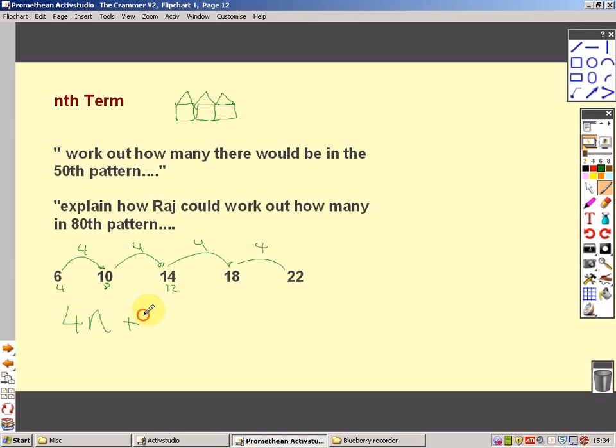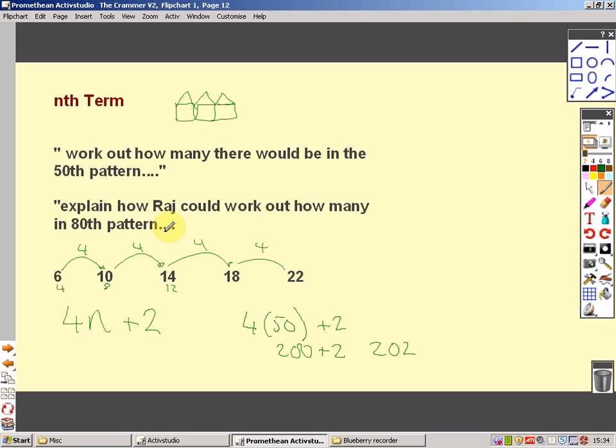4n plus 2. So when you have the 50th pattern, you will do 4 times 50 plus 2, which would be 200, plus 2, which is 202. Explain how Raj could work out how many in the 80th pattern.